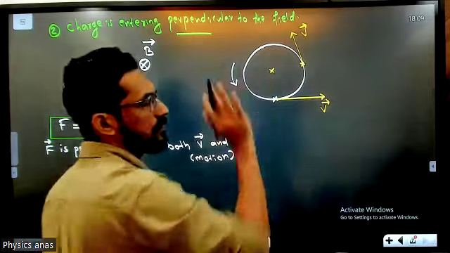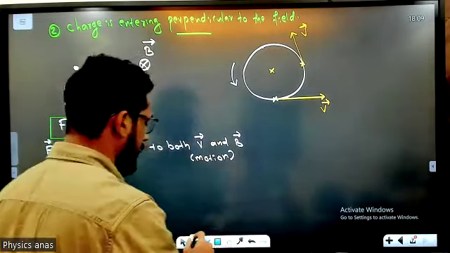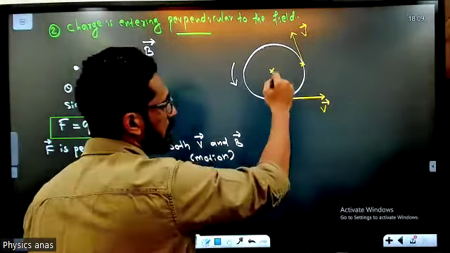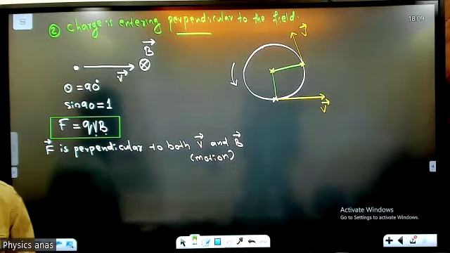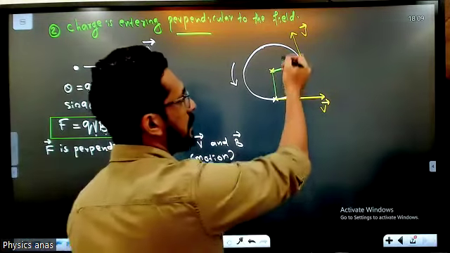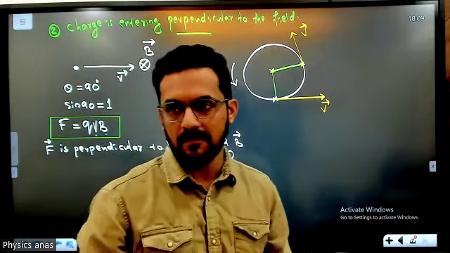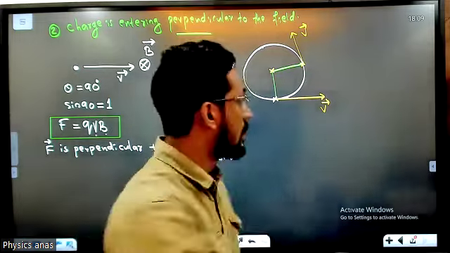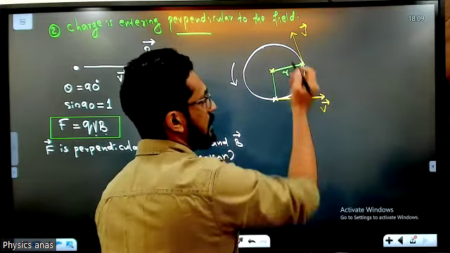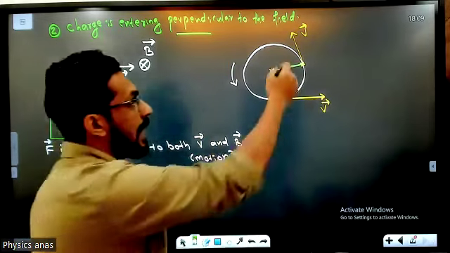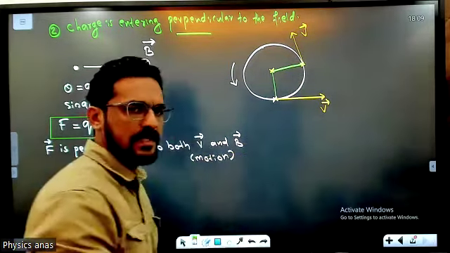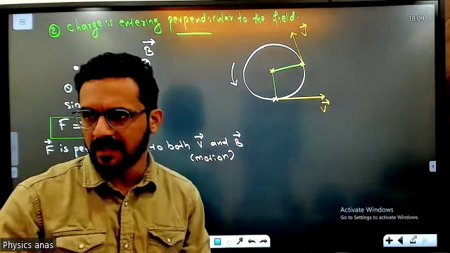From the center, I am drawing the radius here. The angle between radius and velocity, which is along the tangent, will be 90 degrees.